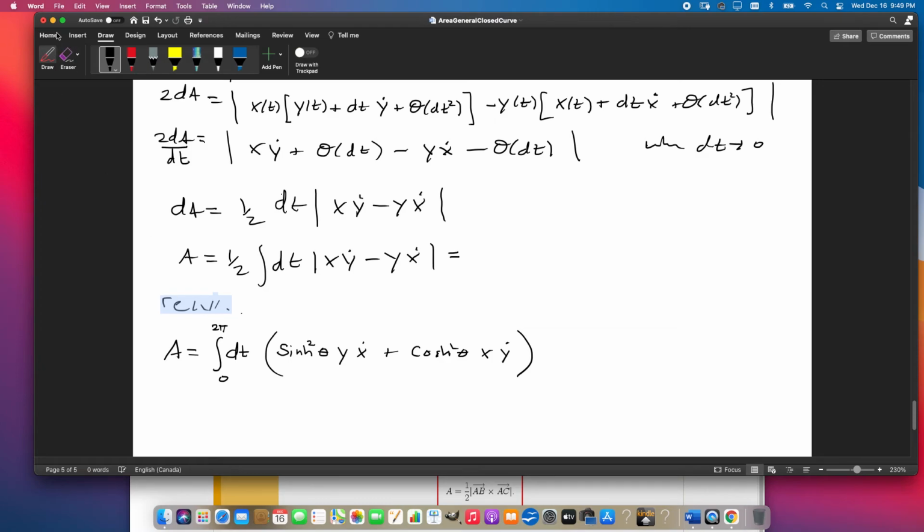Oof, this is annoying. So recall this formula. Now my question is, can I make this formula look like that one? So what we need is, we want sinh squared of theta to be equal to minus 1/2, and we want cos squared of theta to equal 1/2.